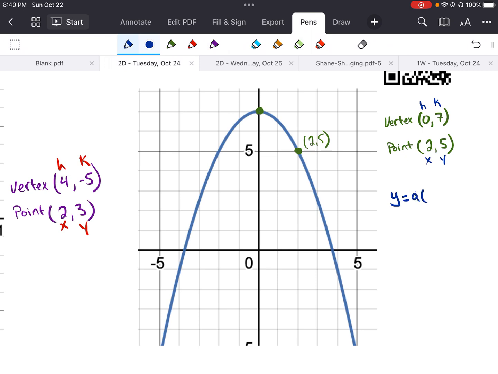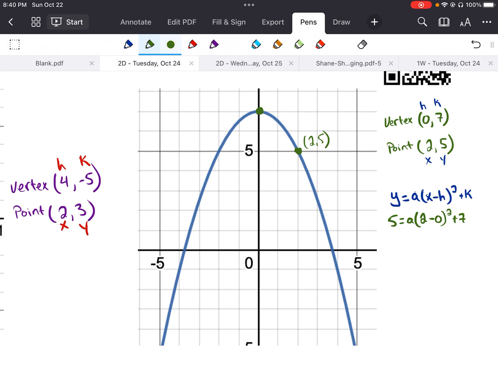So again, you don't have to write down the generic equation every time, but I'm going to just for the note's sake. Oops, sorry, not -5, minus h squared plus k. Okay, so we plug them in. The y is 5, x is 2, minus 0 squared plus 7.